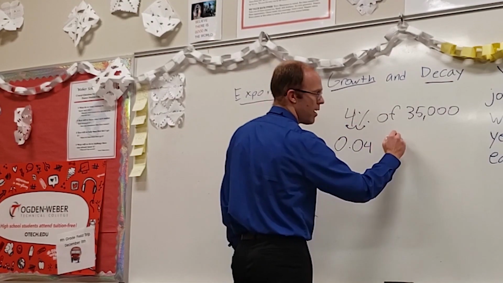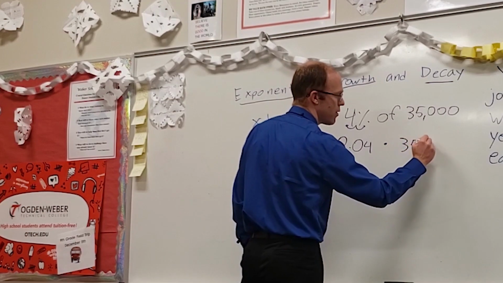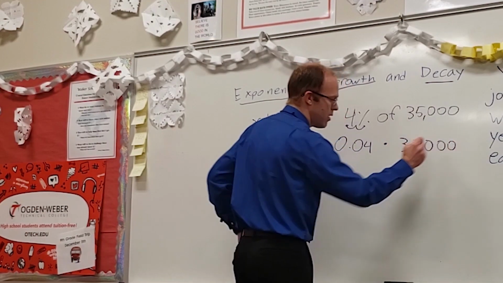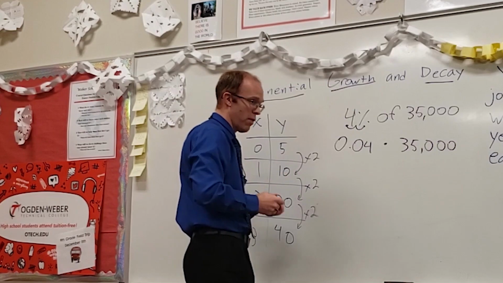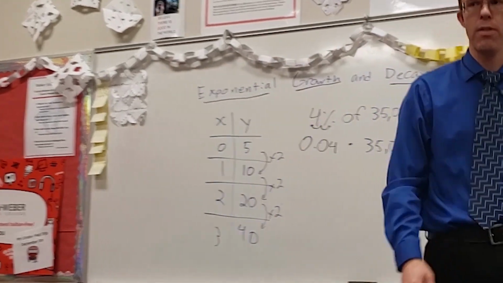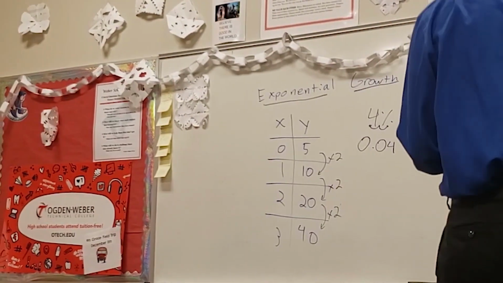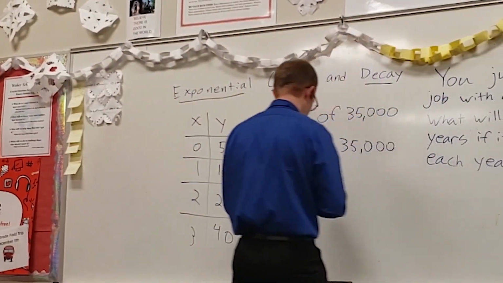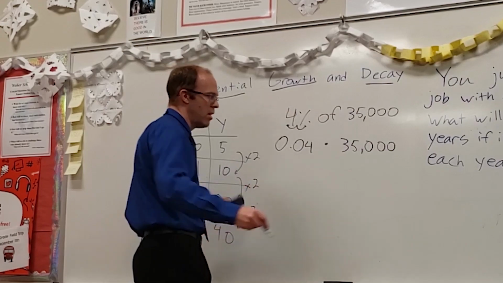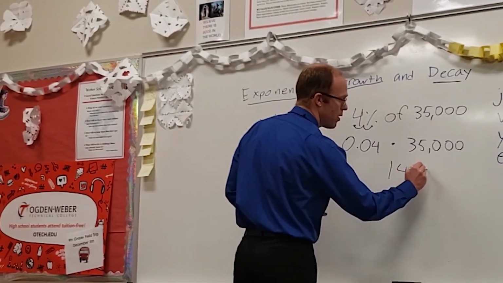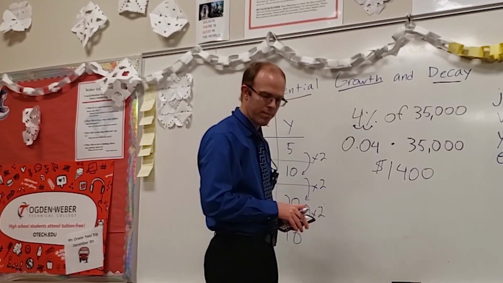Of means to multiply, and we multiply that by 35,000. 0.04 times 35,000 happens to be $1,400.